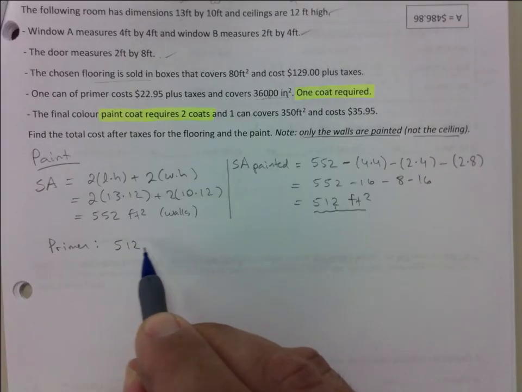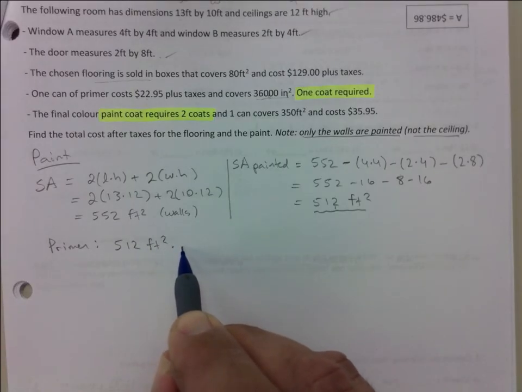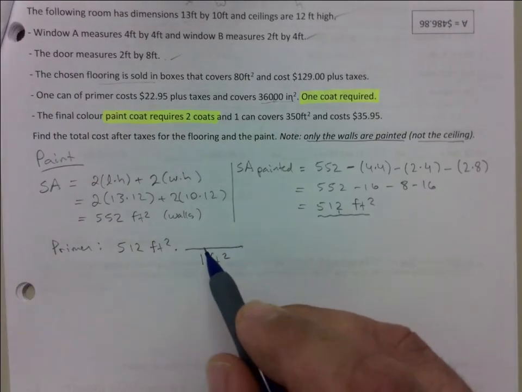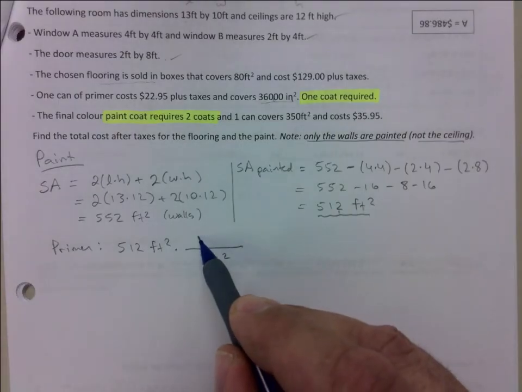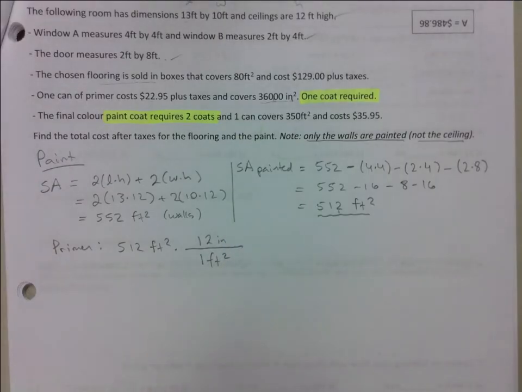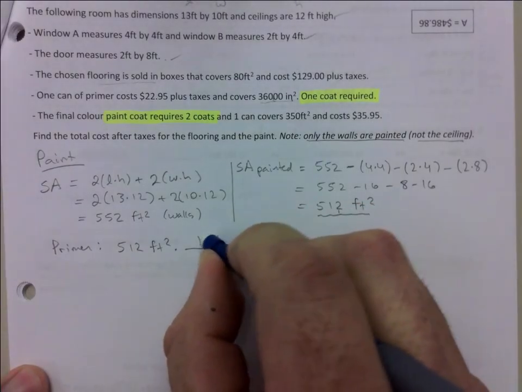So I'll go 512 square feet. I know that 1 square foot has, oh, Mr. Erickson, I know this one, 12 inches, right? Unfortunately, you're not right, okay?